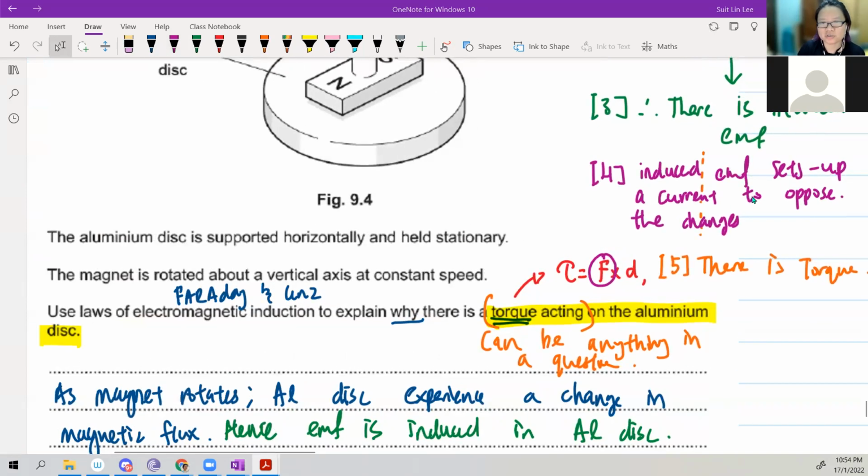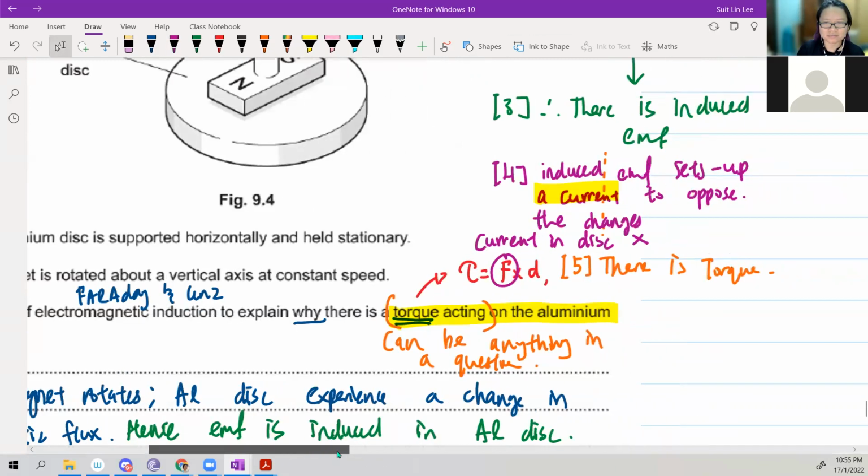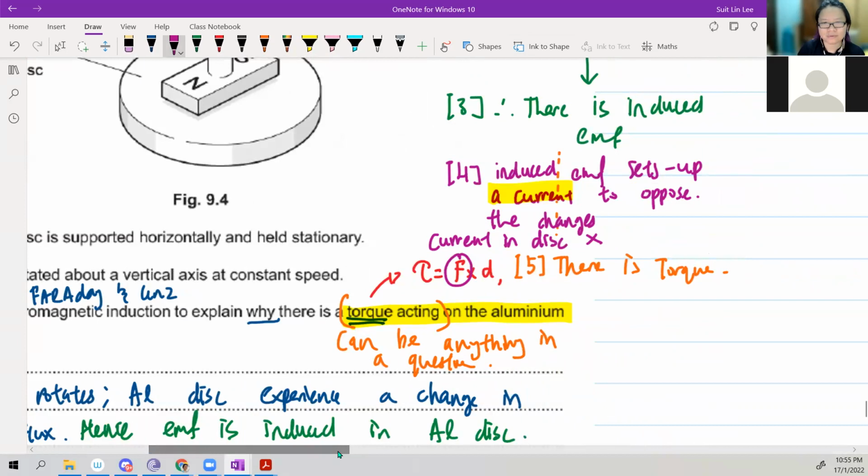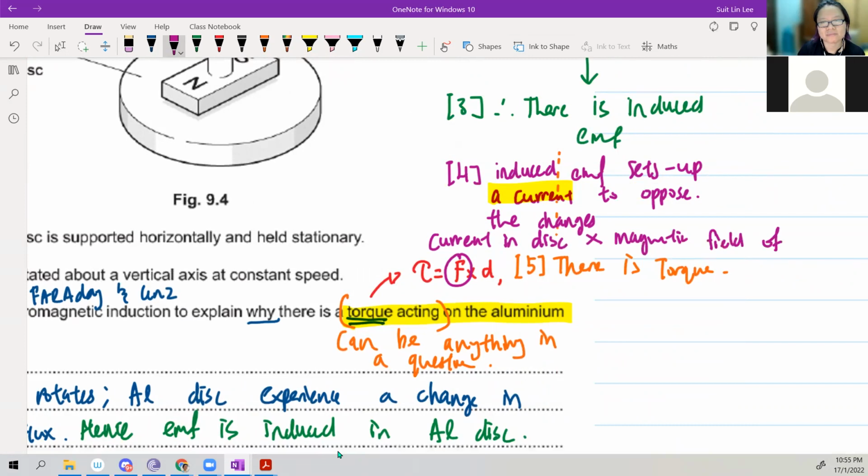So if there's induced EMF, there is current. And because of this, the current in the disc interacts with the magnetic field of the magnet. And this gives you your force.